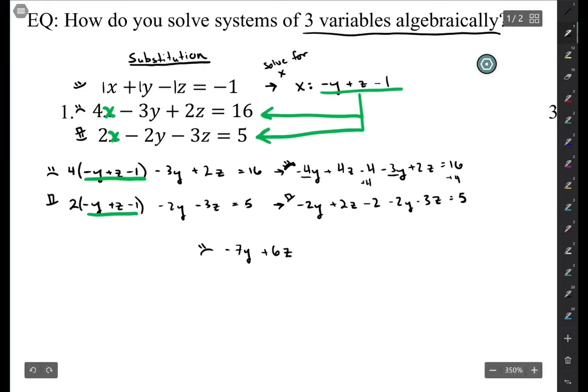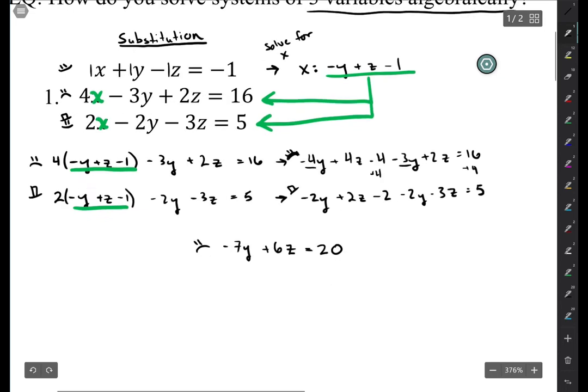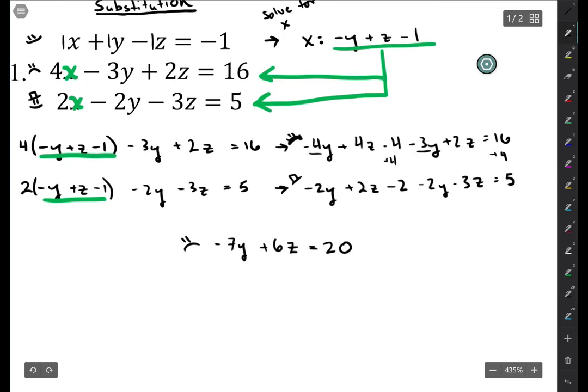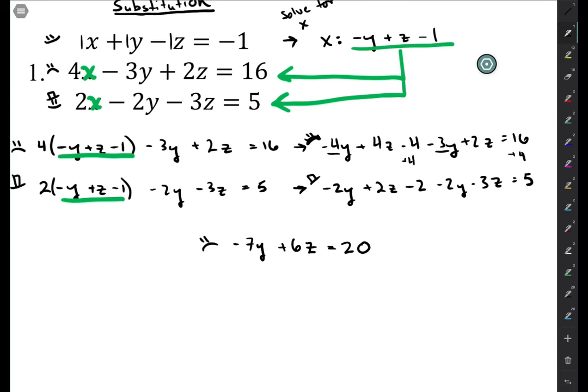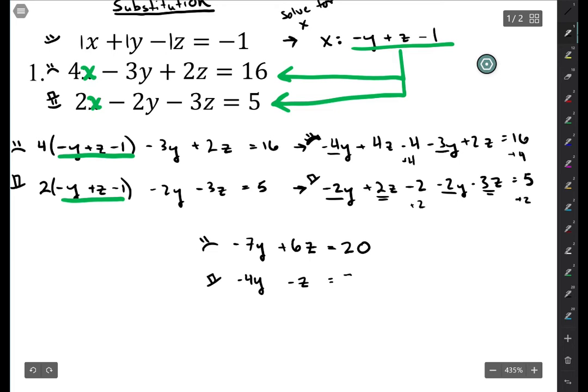That way we're in what looks a little more comfortable to us. 2 variables on one side equals on the other. The new hat equation is negative 2y minus 2y, so negative 4y. Add our z's together, minus z. And I'll add the 2 to the other side, equals 7.